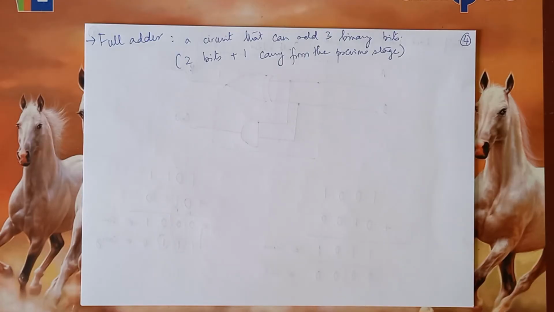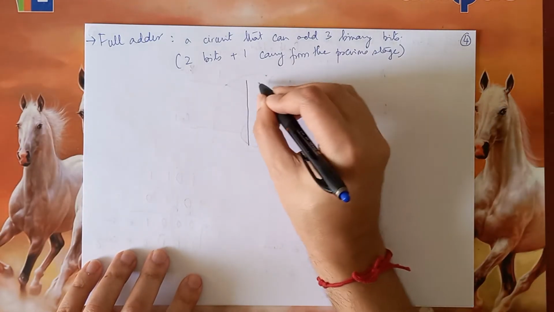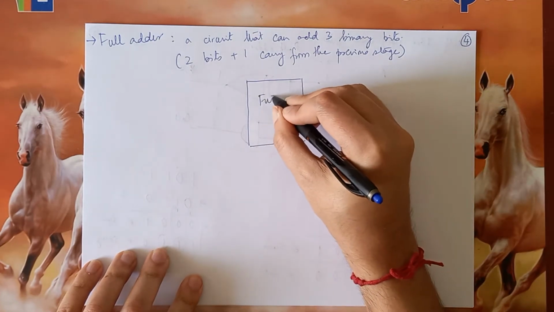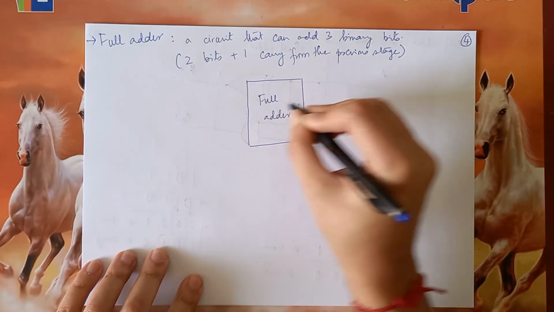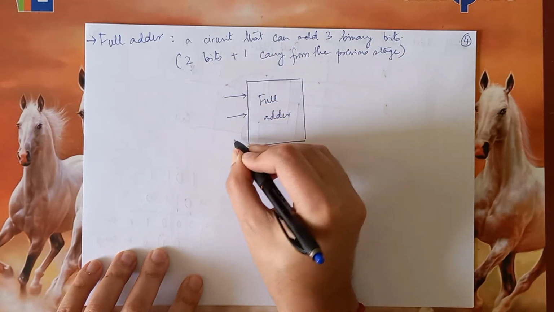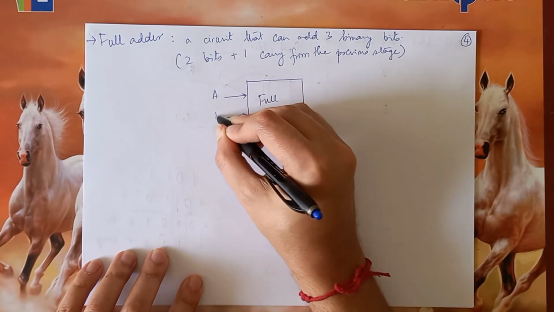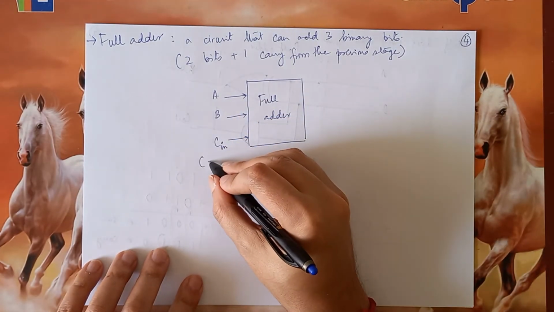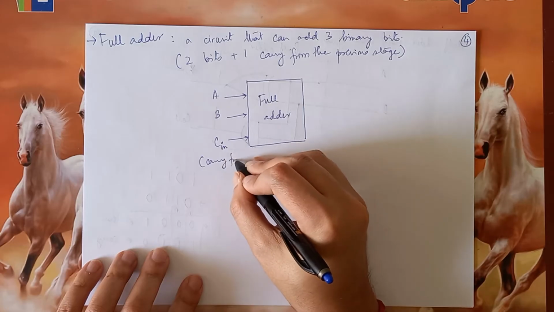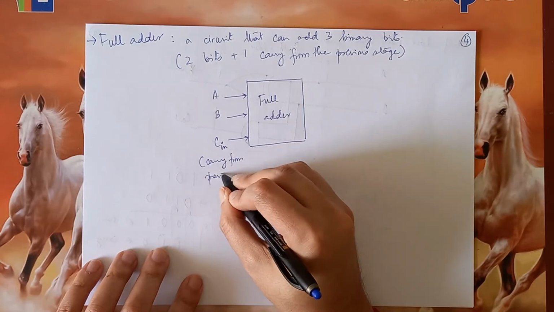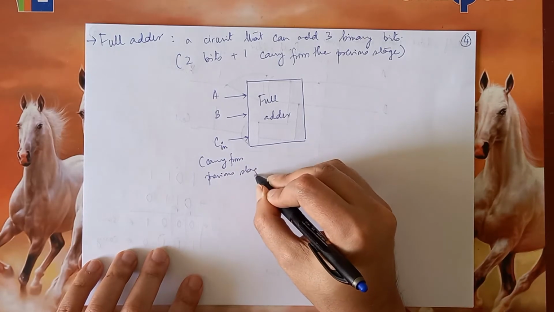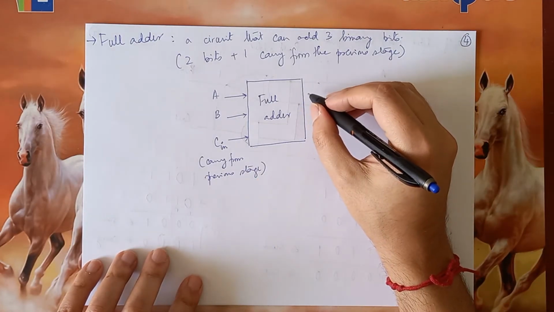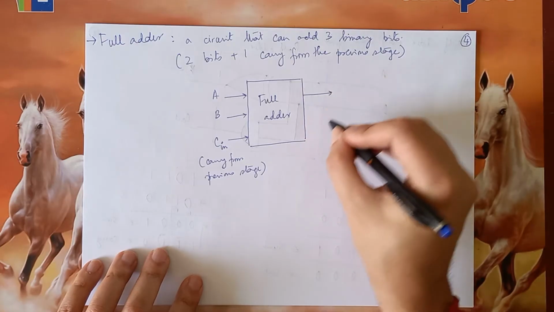Right? So therefore, the block diagram will now look like this. The full adder will now have 3 inputs, 2 bits A and B. The third bit we will call C in, that is carry from previous stage. But what about the outputs?